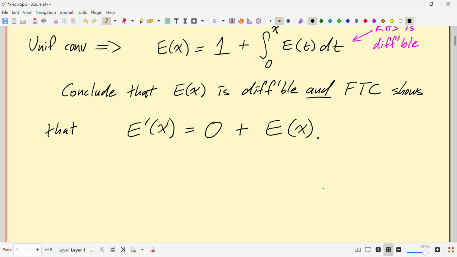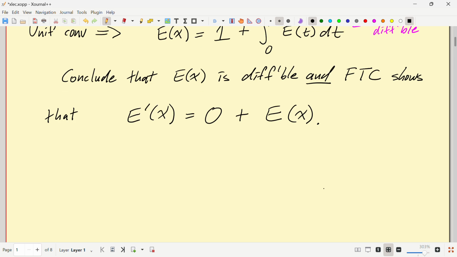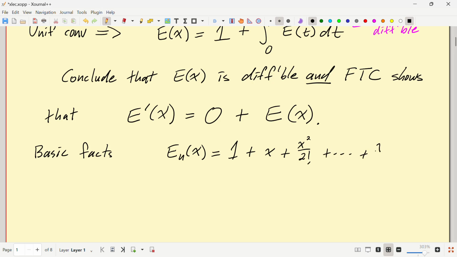So now I'm going to get all the basic facts I want. Let's get some simple basic facts right away. Let's see. The E_n of x is 1 plus x plus x squared over 2 factorial, etc., x to the n over n factorial.